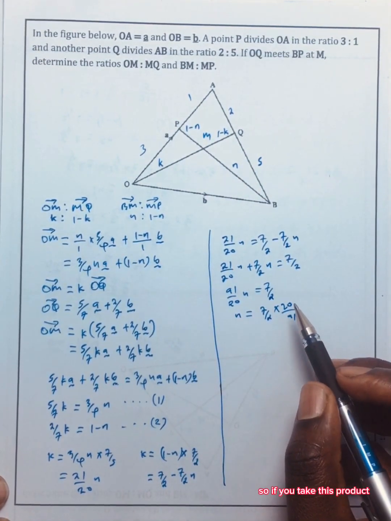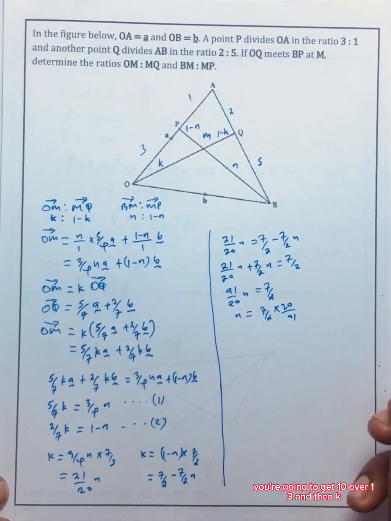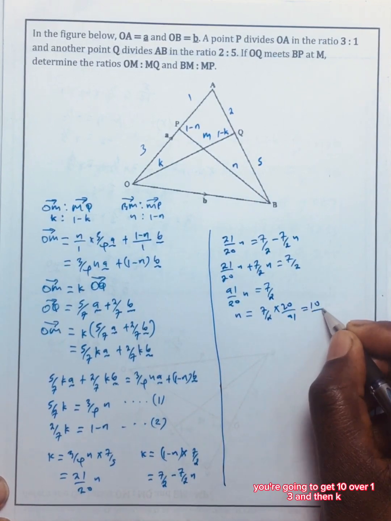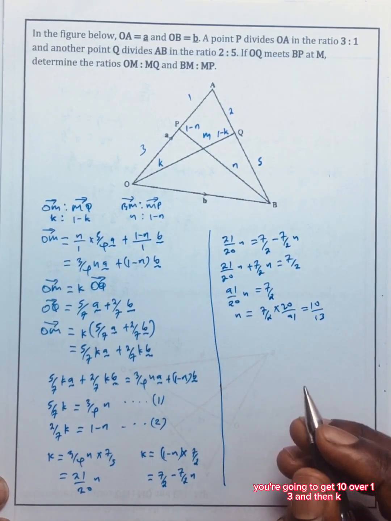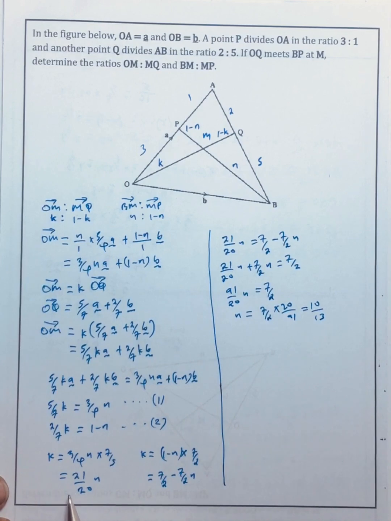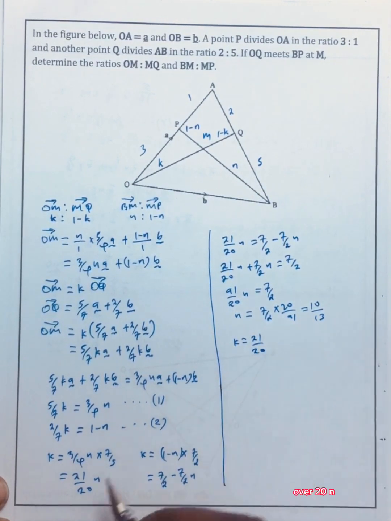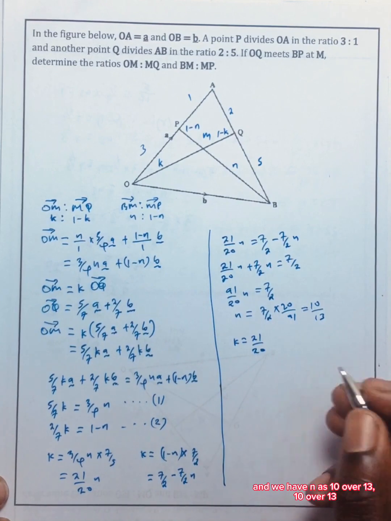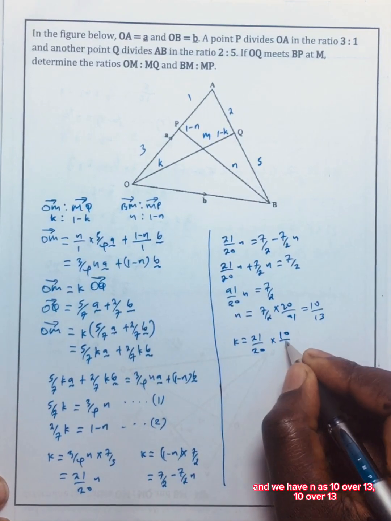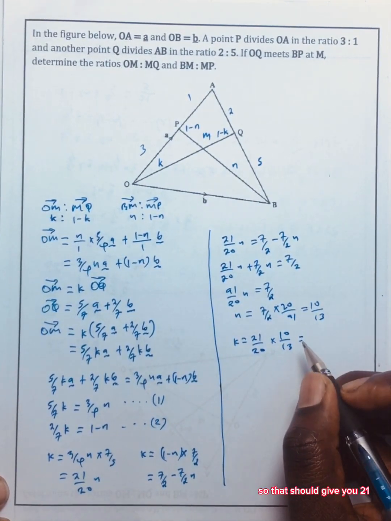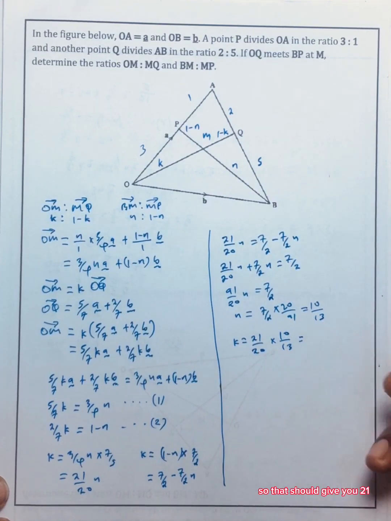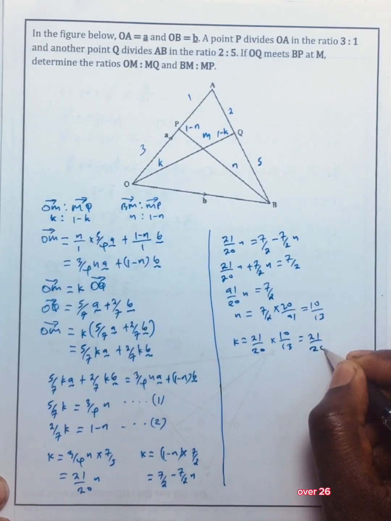If you take this product, you're going to get 10 over 13. And then K, we can pick any of these two expressions for K. Even if we take this one, K is equal to 21 over 20 N, and we have N as 10 over 13. That should give you 21 over 26.